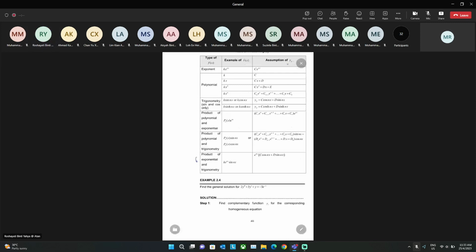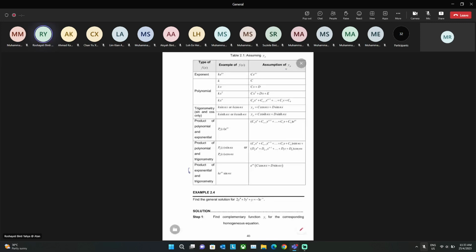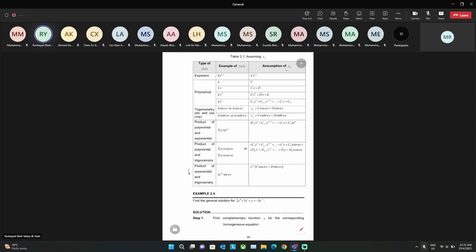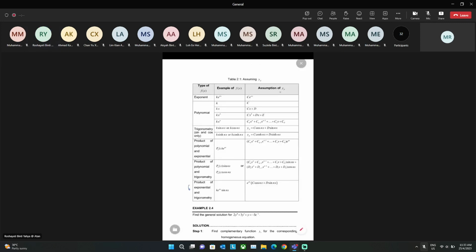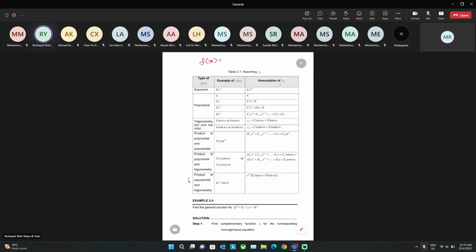So in this table, your f(x) equal to x plus exponential x. So you need to find one by one. So x.